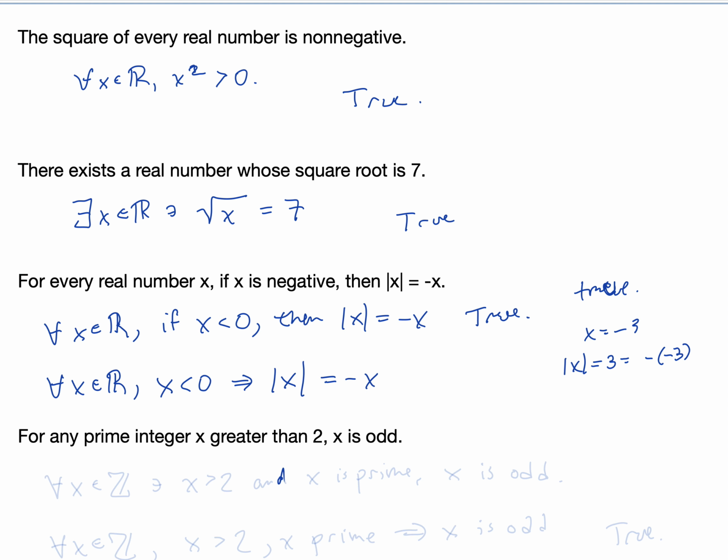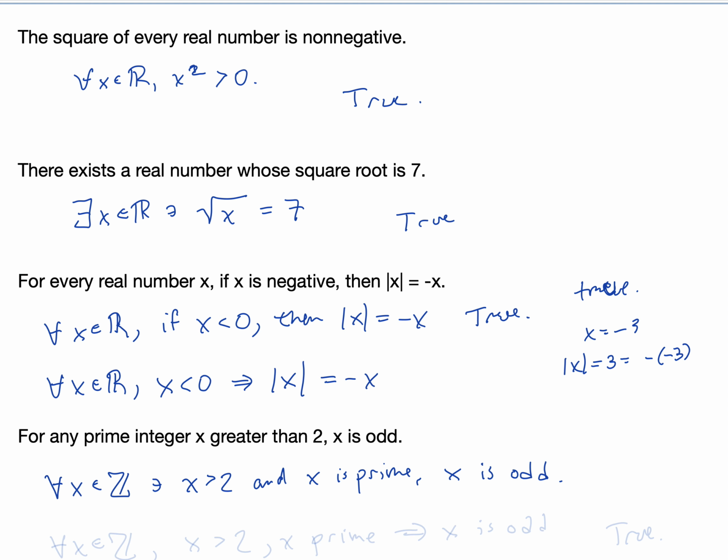Next, for any prime integer greater than 2, x is odd. For any x in the integers such that x is greater than 2 and x is prime, x is odd.